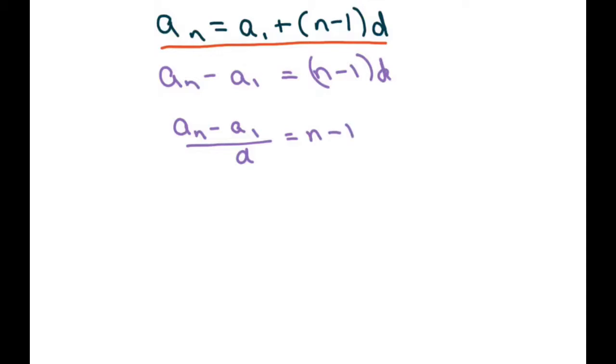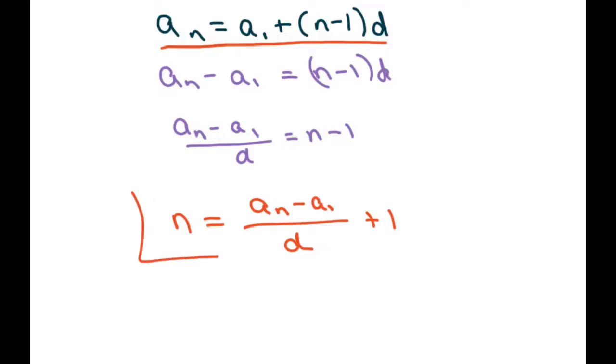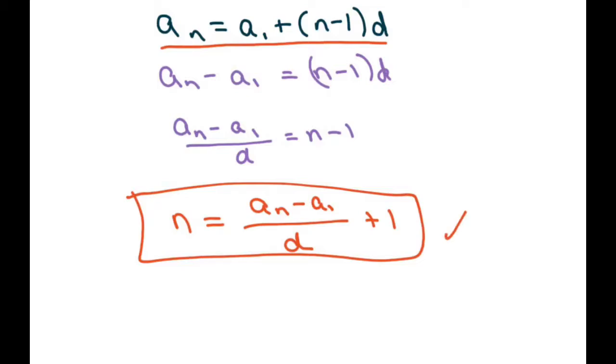Then we add 1. So n equals our last term minus our first term over our common difference, plus 1. This is actually a good formula to memorize, so make sure you know it, because sometimes it's not on your formula sheets.